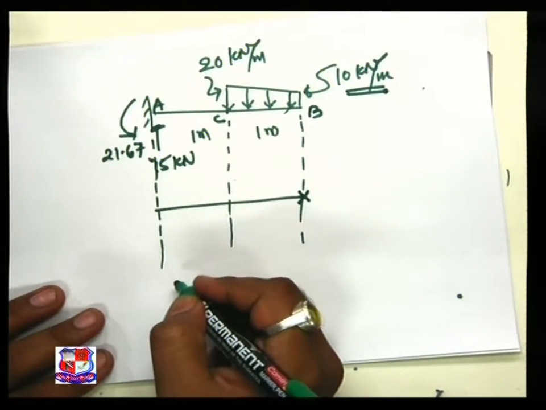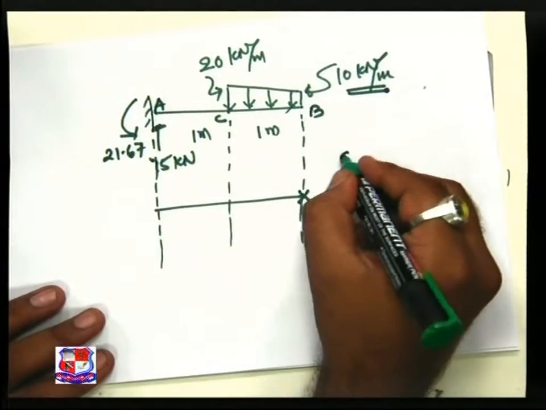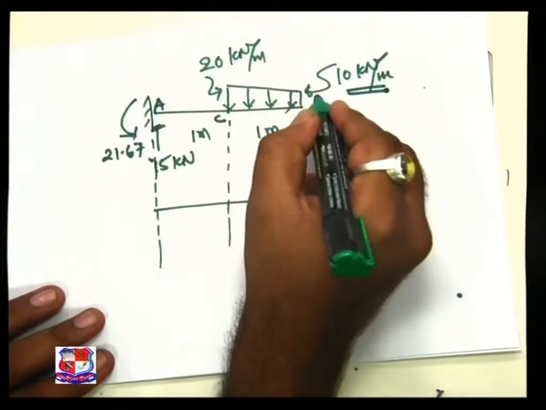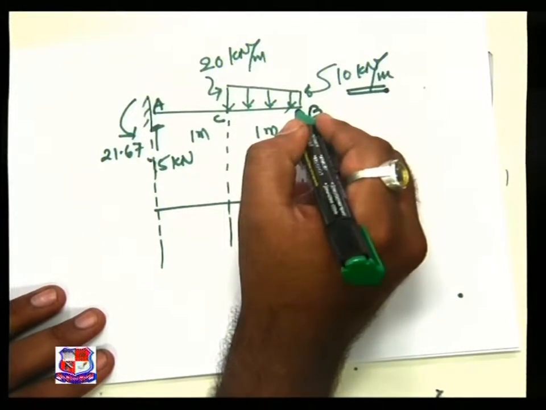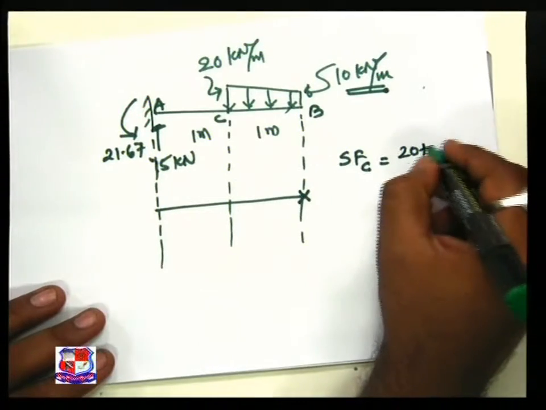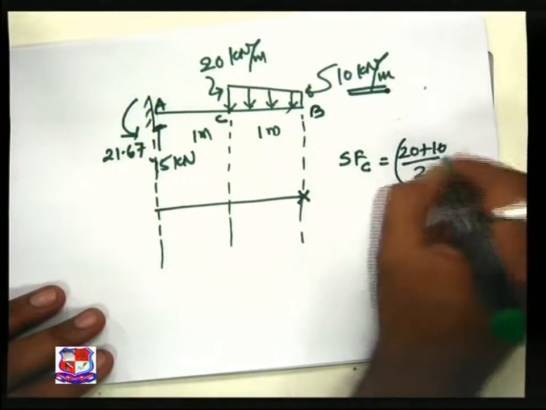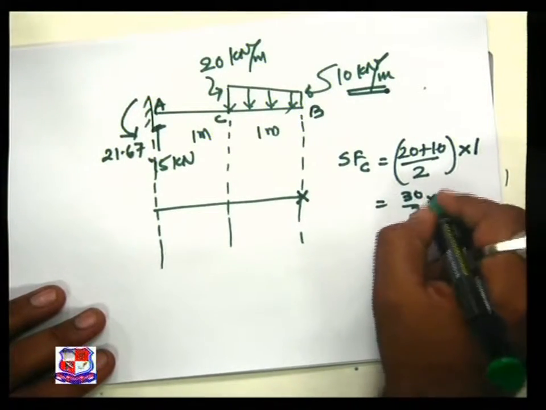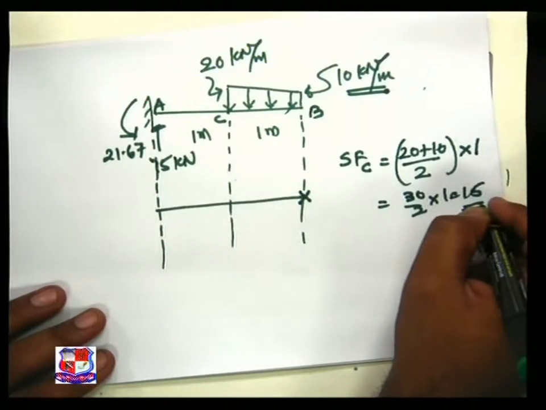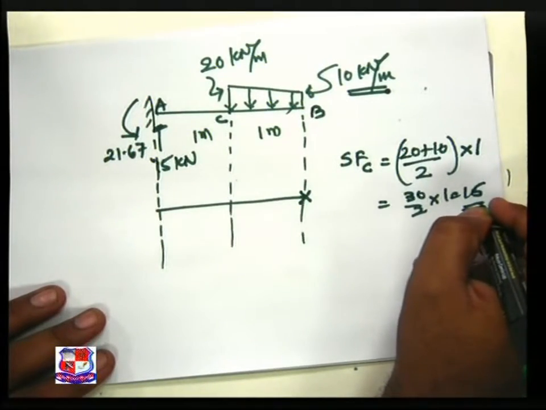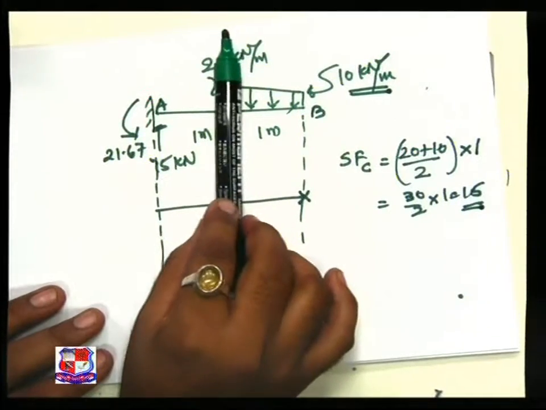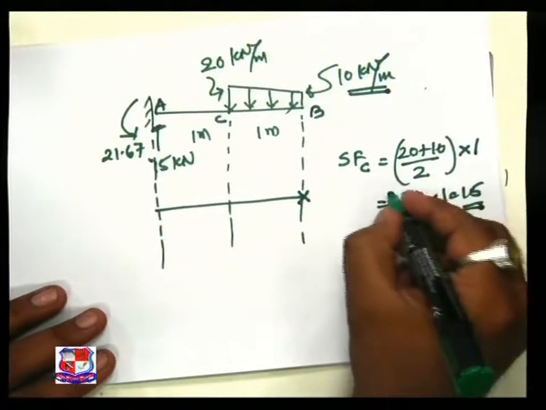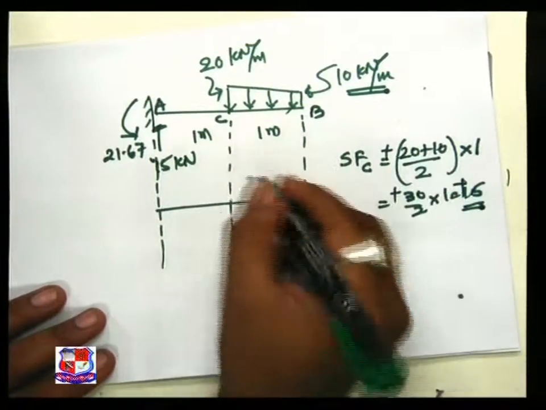The value of shear force at C is the total load acting on the CB region, that is (20 plus 10) by 2 into 1, that is 30 by 2 into 1, that is 15. If we take a section over here, section right downward is treated as positive, so plus 15.